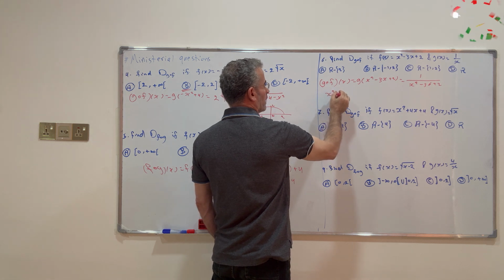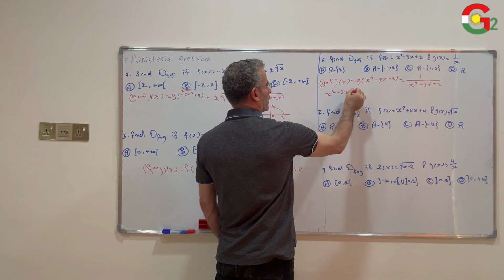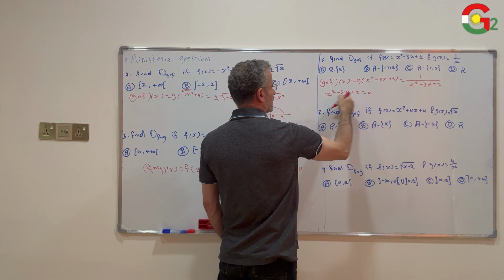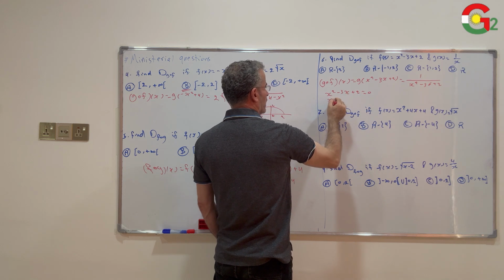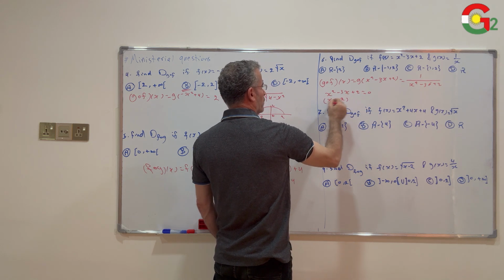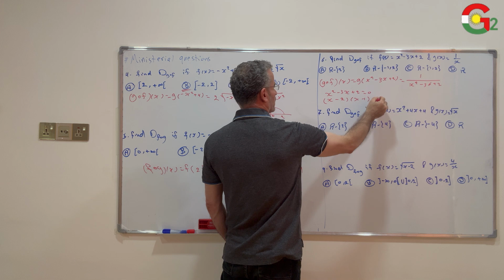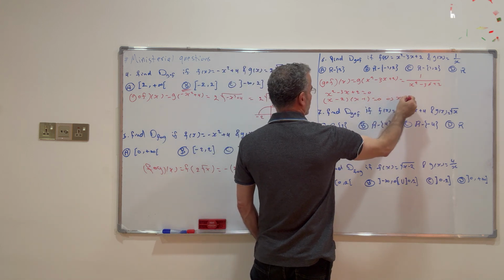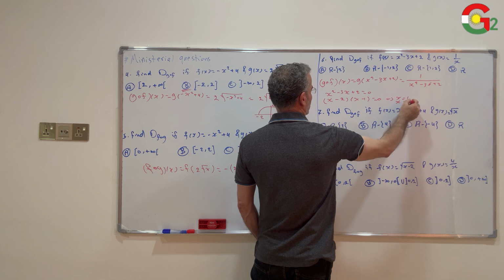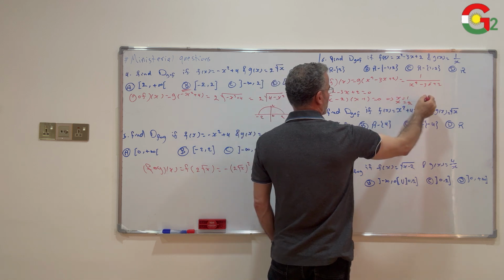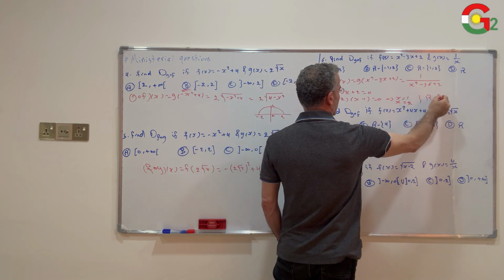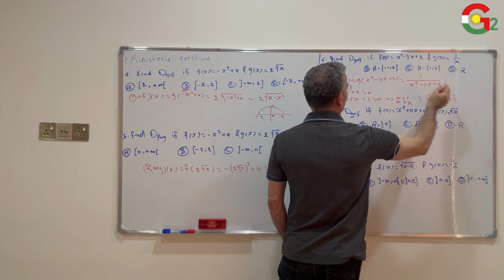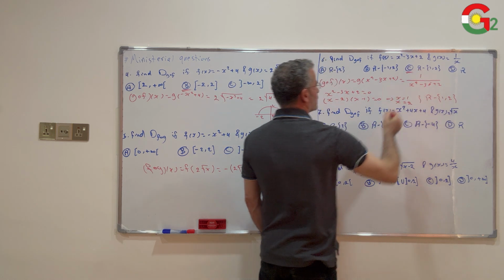Then I'll find the points that make the denominator 0. I set it to 0 and solve for x. (x - 2)(x - 1), factored by experiment, then x = 1 and x = 2. Then the domain is R except 1 and 2. Choice C.